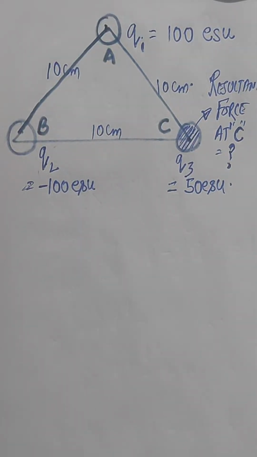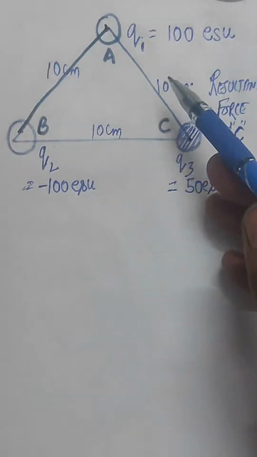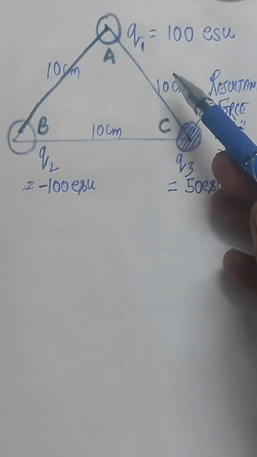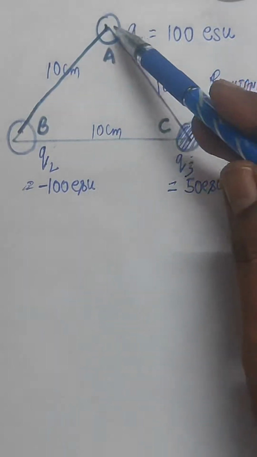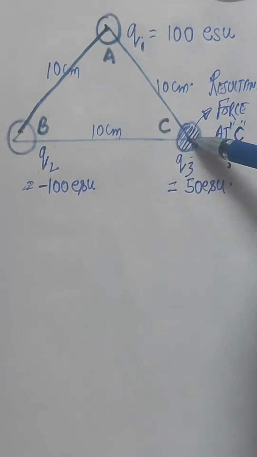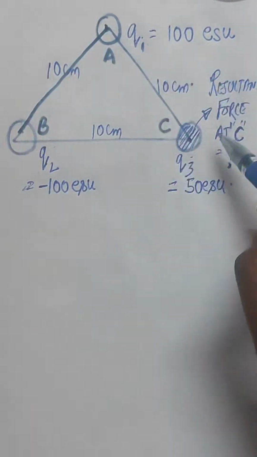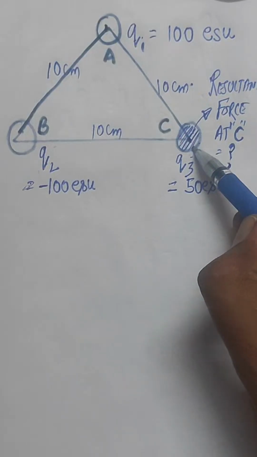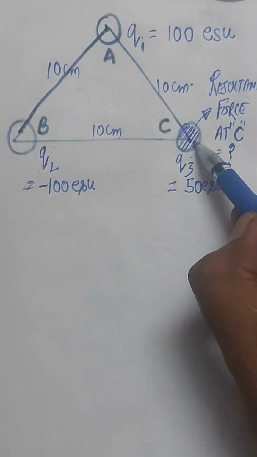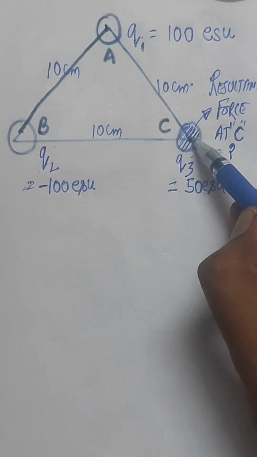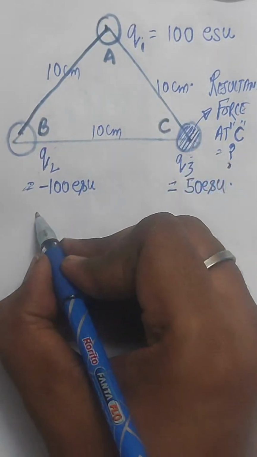Now, in this question, we know the formula for the force acting due to two charges by the law. Let us say Q1 is exerting some force on the charge which is placed at C, and let us say that force is F1.